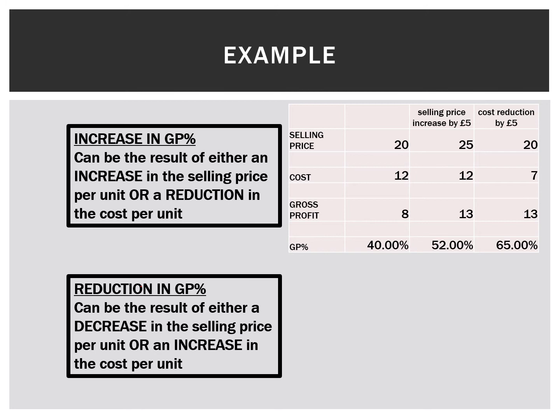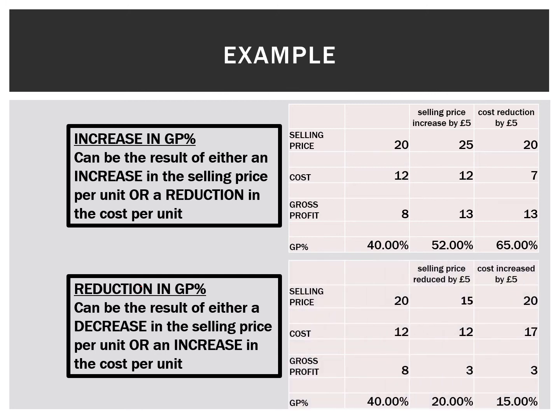The reduction can be caused by a decrease in the selling price per unit or an increase in the cost per unit. And again, there's an example of that where the selling price goes down by £5, and in the second example the cost goes up by £5. In both cases the gross profit percentage goes down from 40% to 20% and 15%.